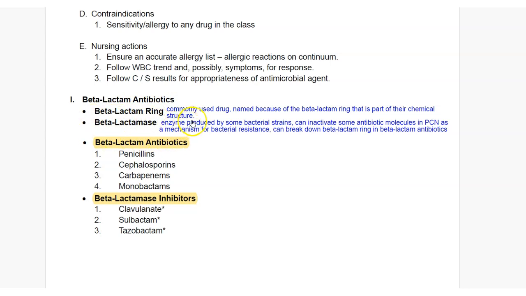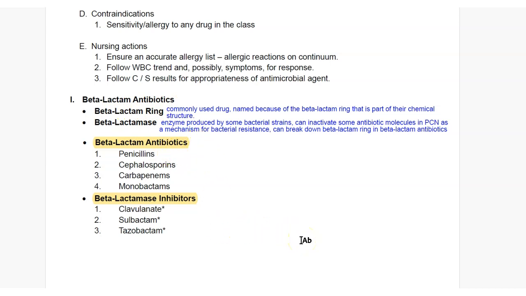So what tends to happen is they combine beta-lactam antibiotics with beta-lactamase inhibitors. So beta-lactamase inhibitors are also types of antibiotics. Again, these are antibiotics, right, that will prevent or stop the effect of the beta-lactamase enzyme from the bacteria to prevent the breakdown of the beta-lactam ring in beta-lactam antibiotics.